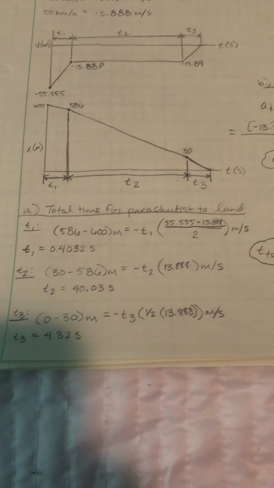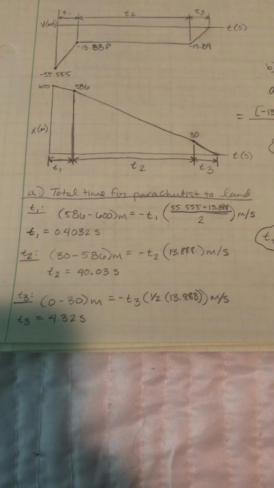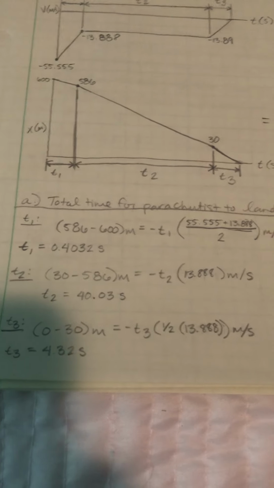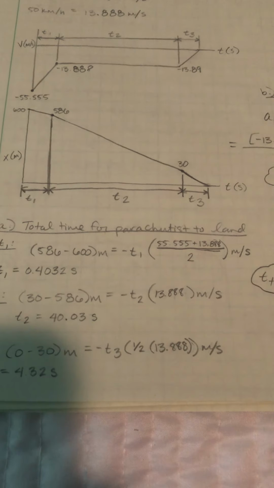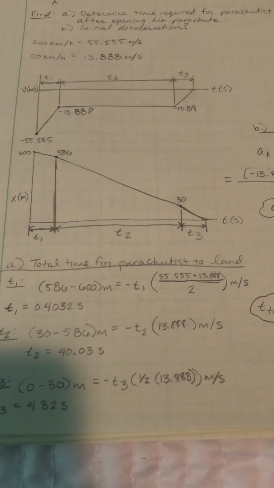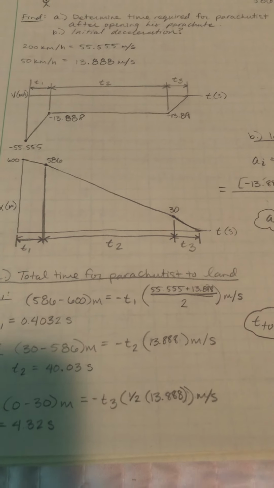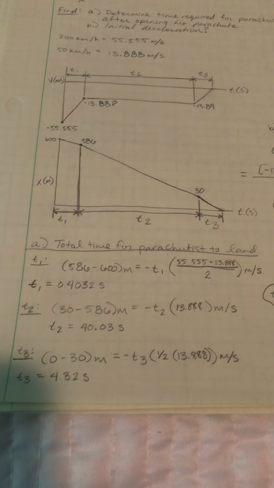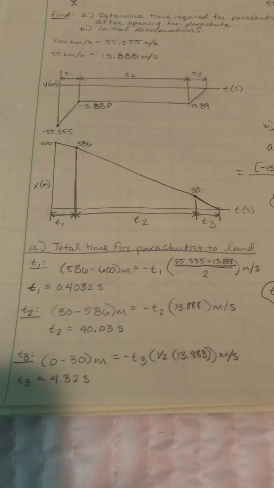So for A, as we look for the total time for the parachuter to land, we take our height equal to negative t times our velocities in meters per second, divided by 2, and we're able to get t1 is equal to 0.4032 seconds.